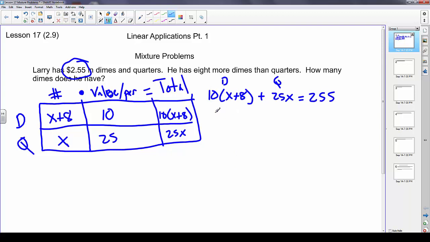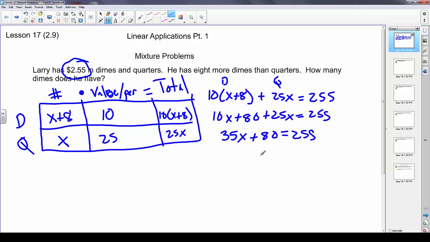And distribute through, so I have 10x plus 80 plus 25x equals 255. I combine my like terms, that's 35x plus 80 equals 255.